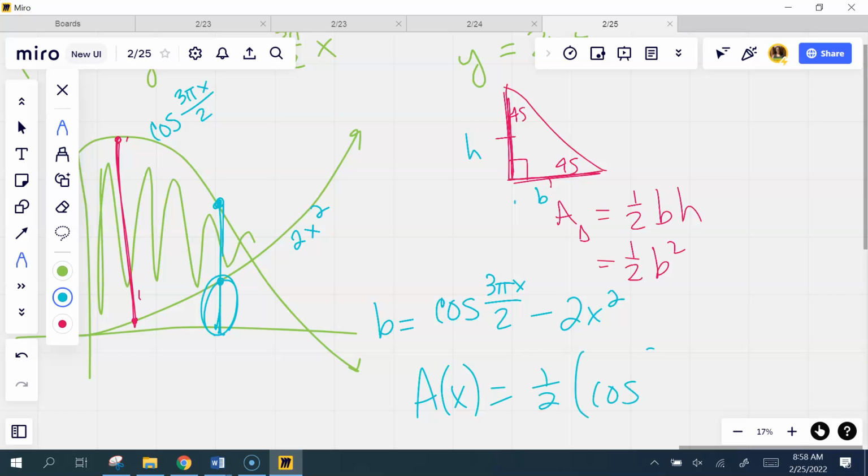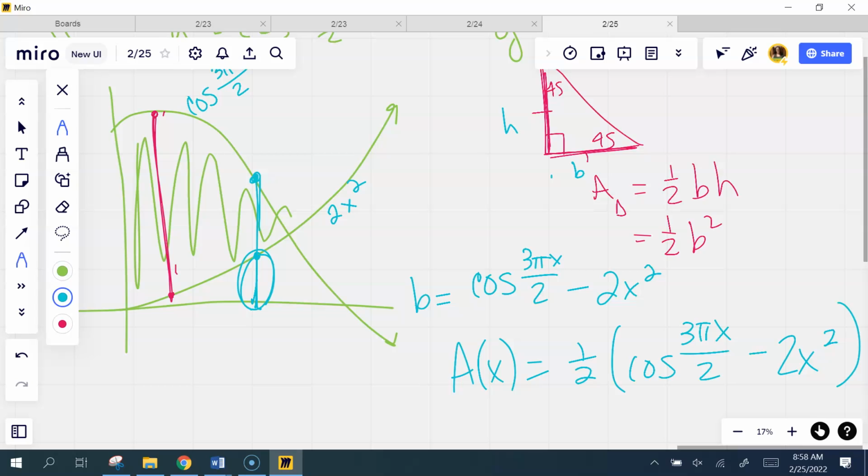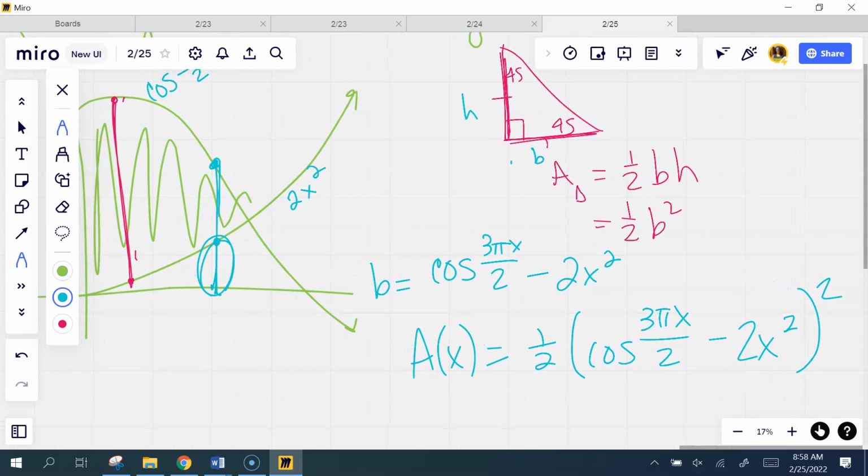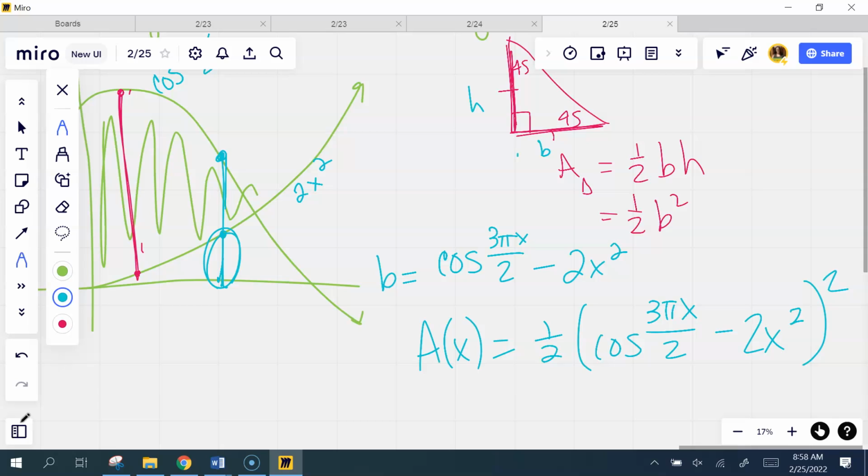Remember, this is a calculator problem, so don't look at this and let it intimidate you. I wouldn't do any more work with it than what I had to do, because I would now integrate. But before I integrate, I need to know the bounds. I know I start at 0, right? But I need to know this point. You set them equal to each other.